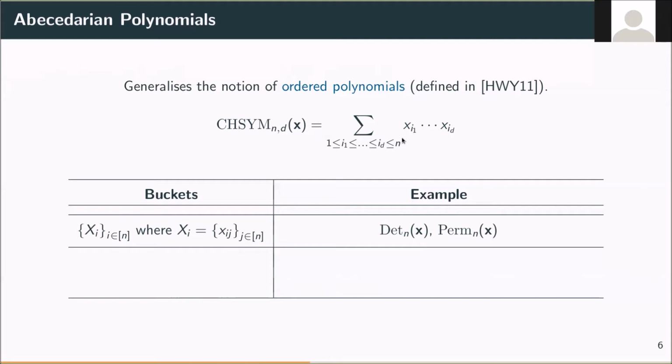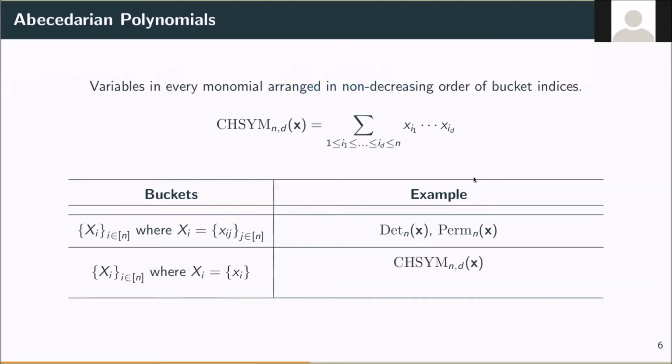However, this polynomial is abecedarian. Why? Let us just consider the partition where capital Xi is a singleton set consisting of just small xi. If we ensure that the variables in every monomial are ordered according to their indices in ascending order, then clearly this polynomial is abecedarian with respect to this partition.